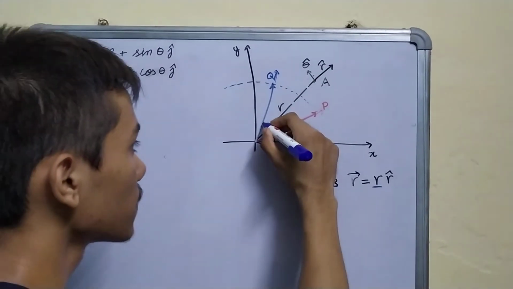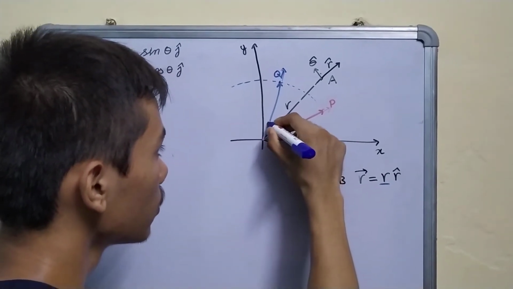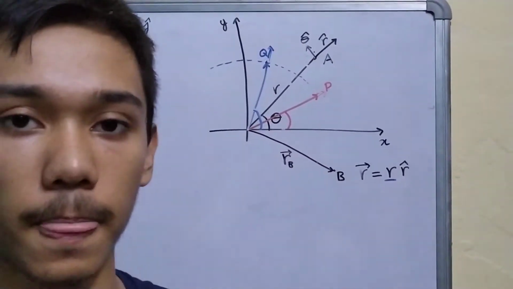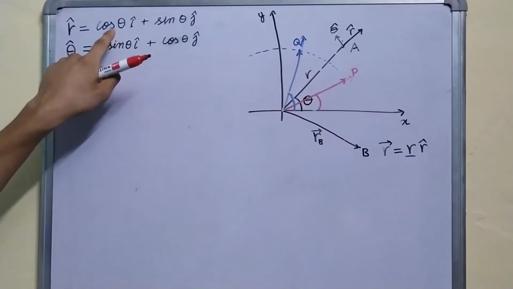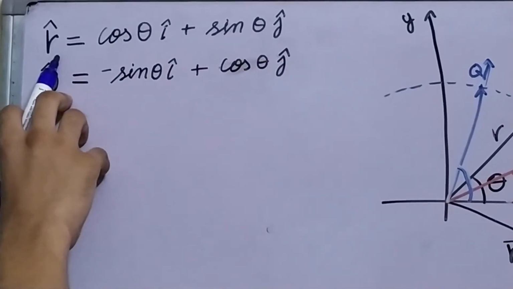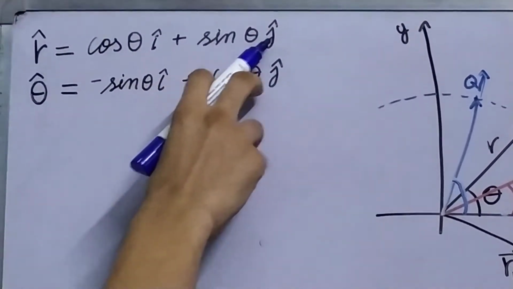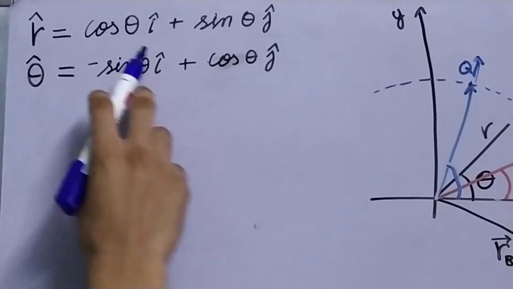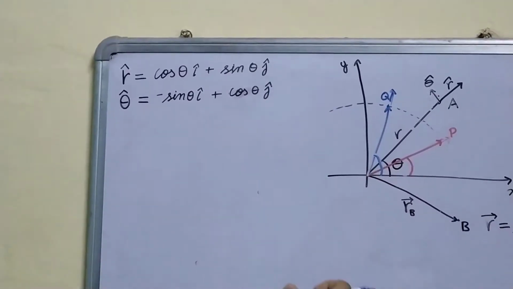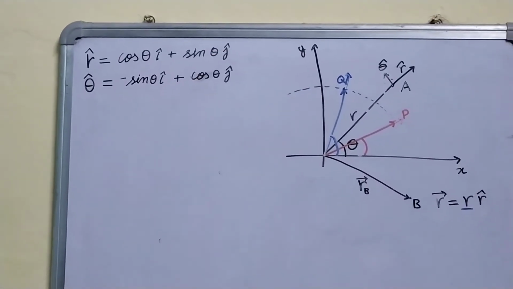It changes with the angle you make with the x-axis, and as I've derived in my video on polar coordinates, this is how it changes. The r cap vector is cos theta i cap plus sin theta j cap, where i cap is the unit vector in the x direction, along the x-axis, and j cap is the unit vector on the y-axis.